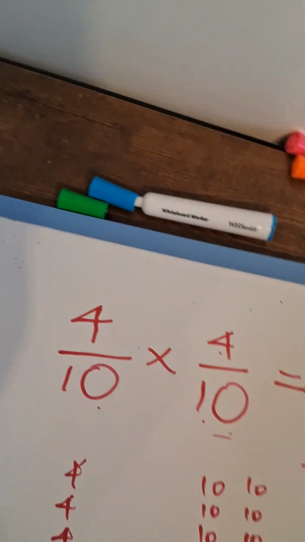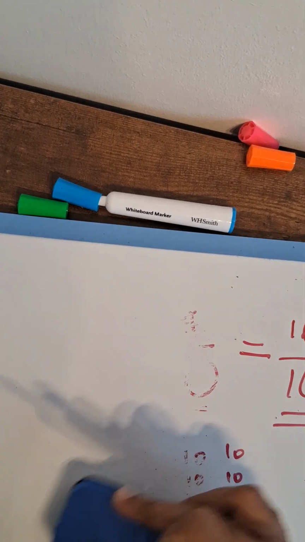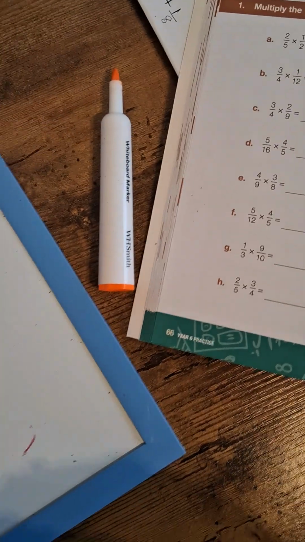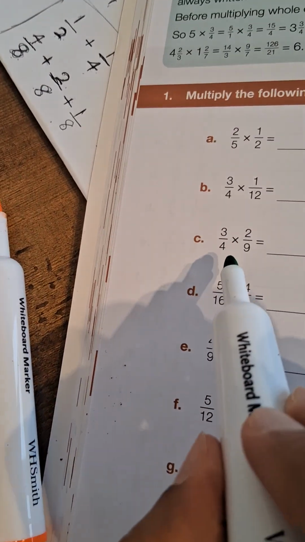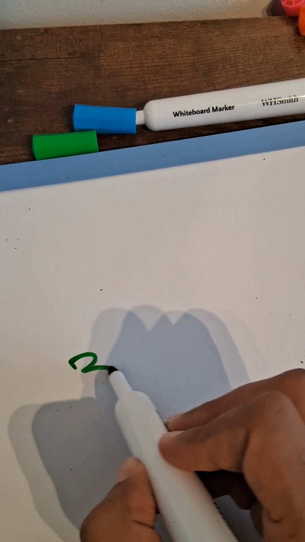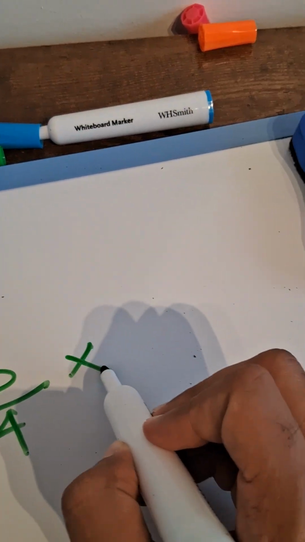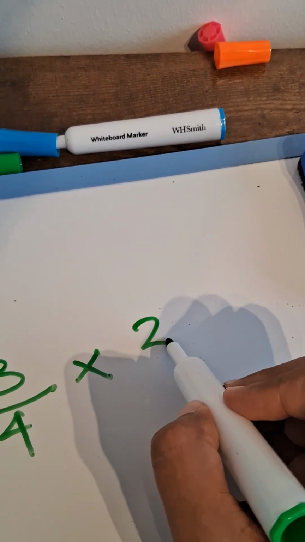Okay. So another fraction, we'll do another fraction. These are a bit harder. So we'll take this one. We'll take another color because we like colors. So this one, okay. 3/4 multiplied by 2/9.